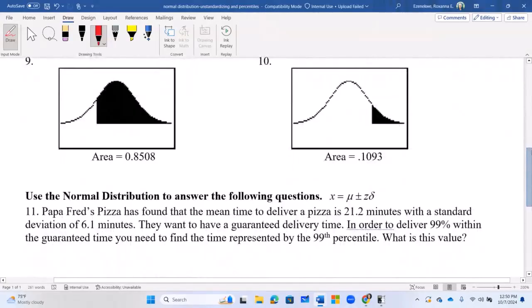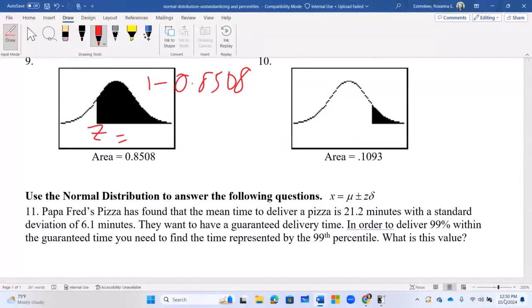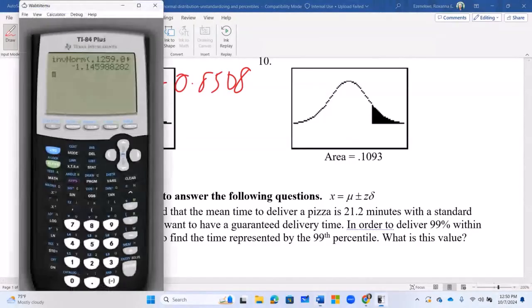So whenever I'm given area to the right, what I do is 1 minus area to the right to get the area to the left. Okay, and I can type it into my calculator, so no problem.